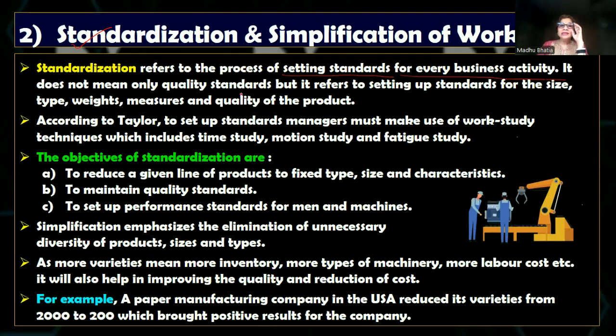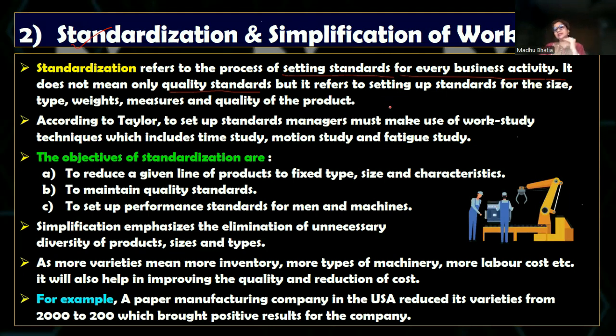Now, he says that when I'm talking about standards, I'm not just talking about quality standards. That means we're not just talking about quality, but also setting up standards as in size, type, weight, color, texture, quality, etc. In simple words, he said कि आपको जो प्रोडक्ट्स बनाने हैं वो स्टैंडर्डाइज्ड वे में बनाने हैं. यानी you are not going to make all A to Z sizes of the product.